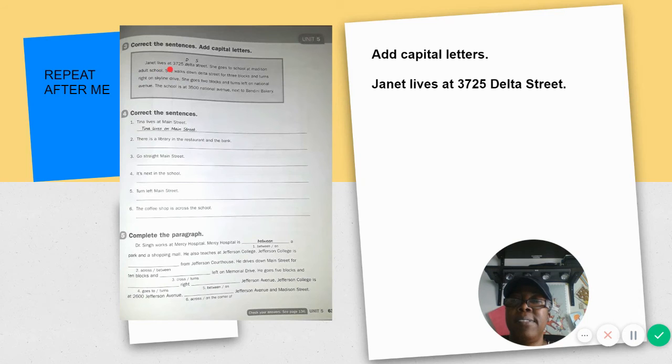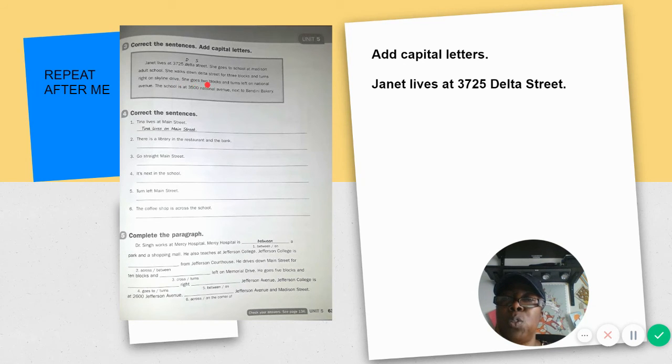All right, so just repeat after me. Janet lives at 3725 Delta Street. She goes to school at Madison Adult School. She walks down Delta Street for 3 blocks and turns right on Skyline Drive.